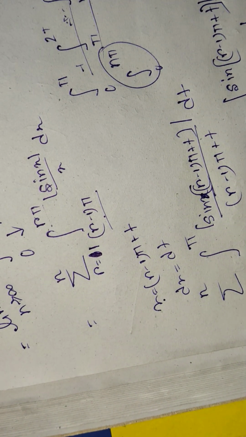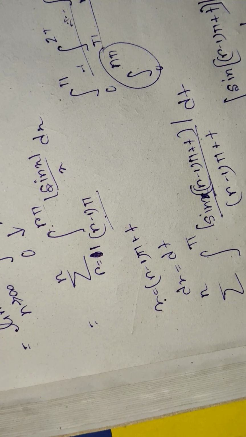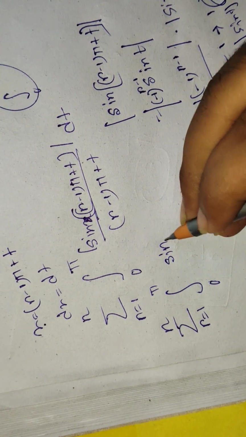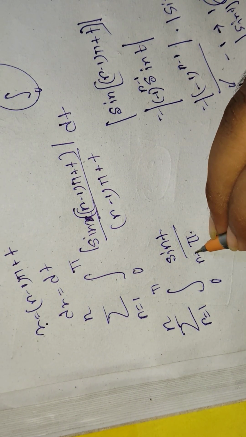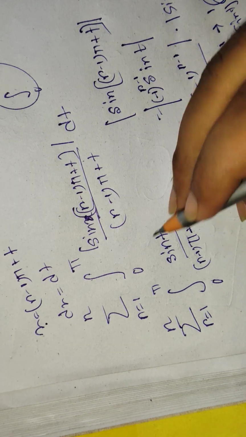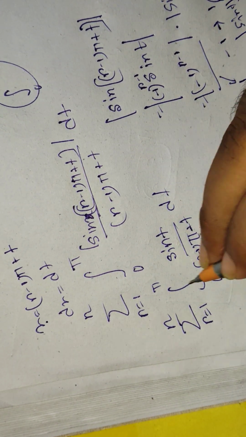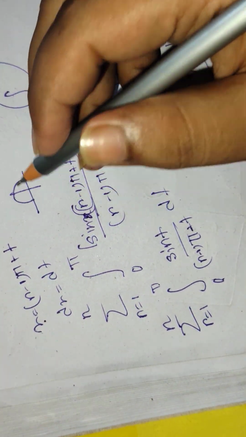So this is a summation, n, 0 to pi, sin t divided by ((r minus 1) pi plus t). Now we can neglect the mod of sine also, because we are talking about 0 to pi, and 0 to pi means we are talking about the first and second quadrant, right?